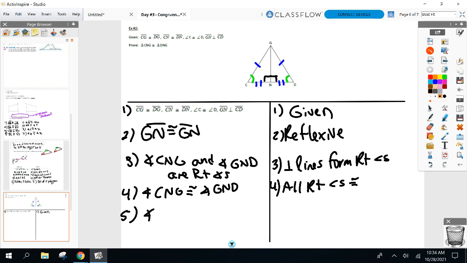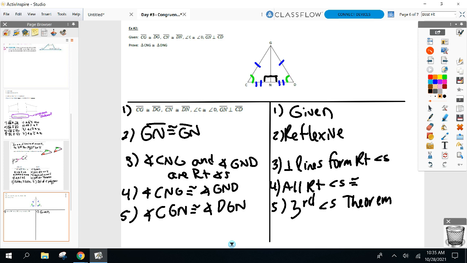Angle CGN is congruent to DGN, third angles theorem. Please do not add in vocabulary terms that are not there. So does everyone see I have three pairs of angles now and three pairs of sides? I can now say the triangles are congruent.